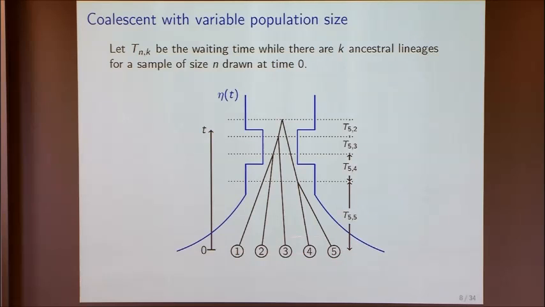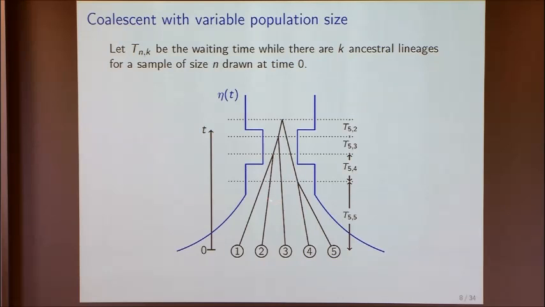So you sample 5 lineages or 5 individuals at the present time, and we let T_{n,k} be the waiting time while there are k ancestors for a sample of size n drawn at the present. So these are the lengths of these T_{n,k} for n equals 5.